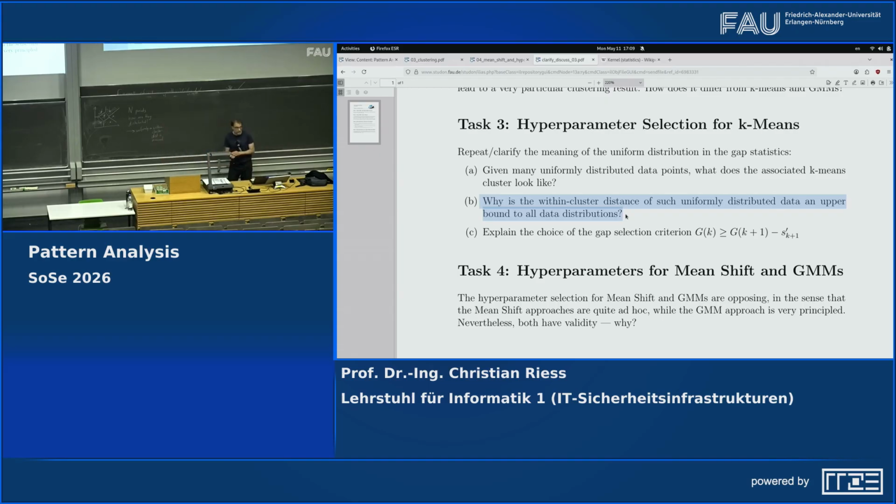This, by the way, is a variational problem. We're going to talk about variational problems very soon.